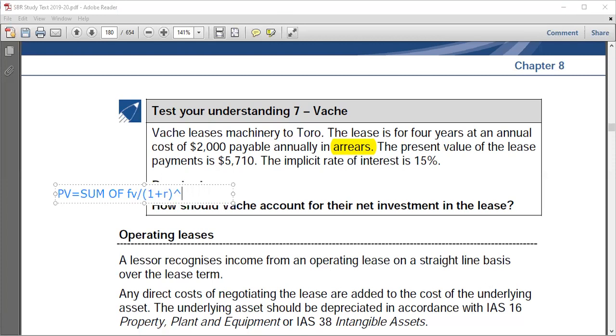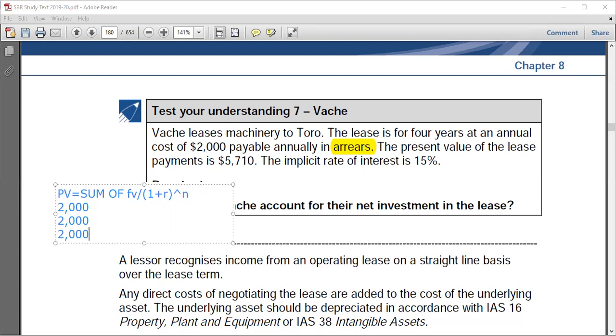Just like we did before. So in that case, you have to understand that I was going to receive 2,000 in year one, 2,000 in year two, 2,000 in year three, and 2,000 again in year four. So I would have to discount all of these.